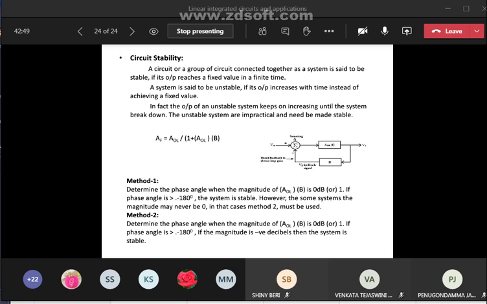Now, what is circuit stability? A system is said to be unstable if its output increases with time instead of achieving a fixed value.